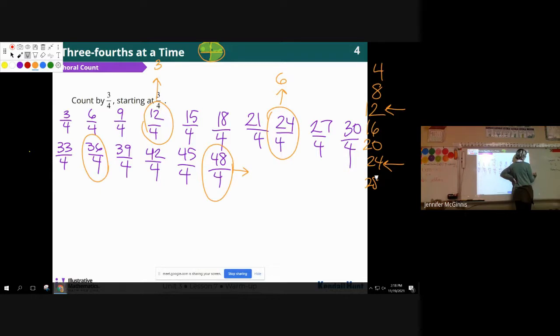24, 28. What do we count by? 4. 9. Who can figure out how many wholes 48/4 is by using a pattern of something else we've already written up there?